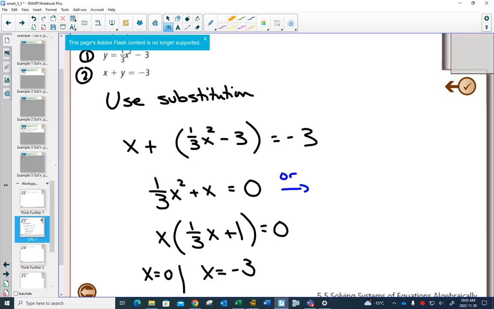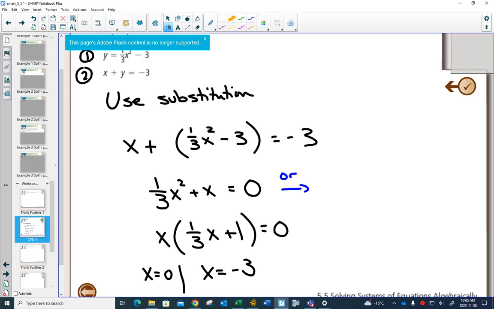Now, sometimes in an equation like this, if you have fractions, you can get rid of the fractions early if you want. So I'm going to show you, if the mental math of the 1/3 x plus 1 was hard for you, you might have chosen right away to say, I don't want to deal with the fraction.